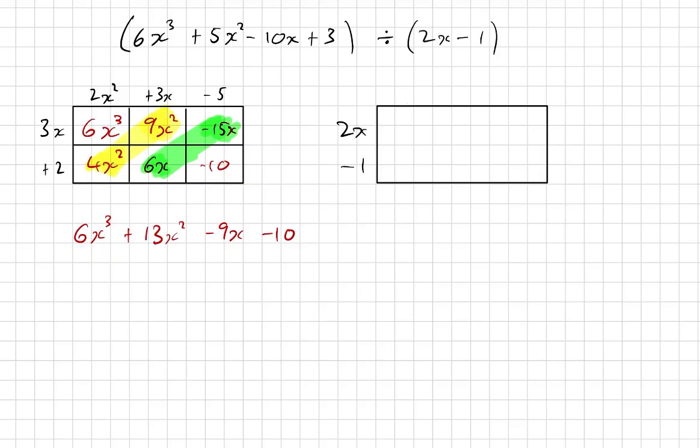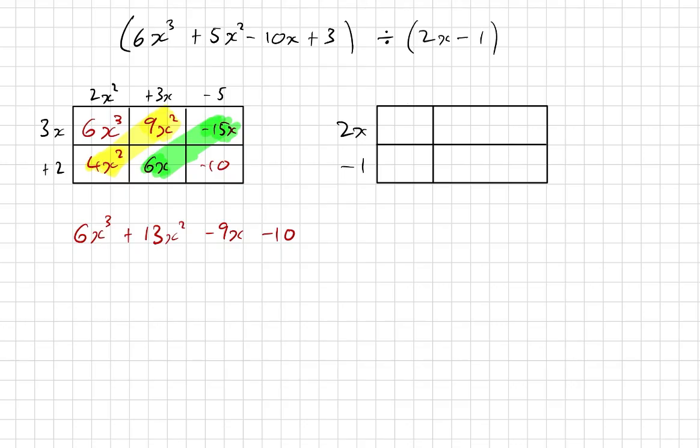Because that has two terms, I know there's going to be 2 rows. But I don't always know how many columns there's going to be. You might be able to figure it out, because if we divide an x cubed by an x, we end up with an x squared. So there should be an x squared, an x, and a constant, so 3 columns, but we can do this even if we don't know. So I'm going to start with one column first.